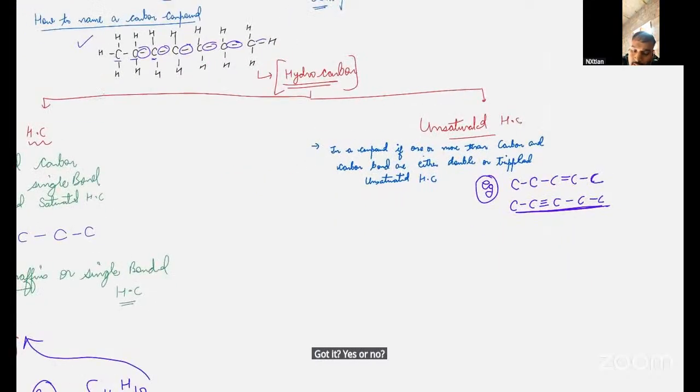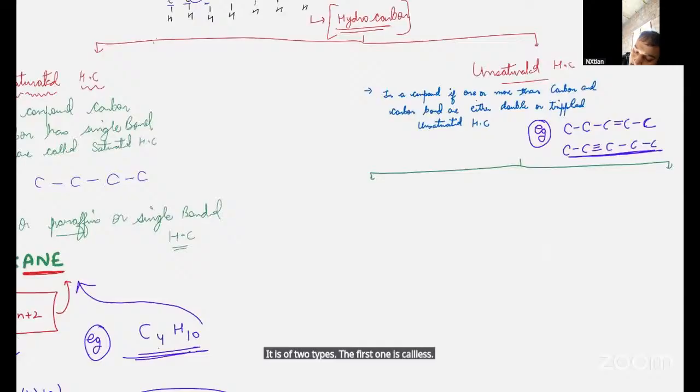Now, unsaturated hydrocarbons are of two types. The first one is called double bond unsaturated hydrocarbon.